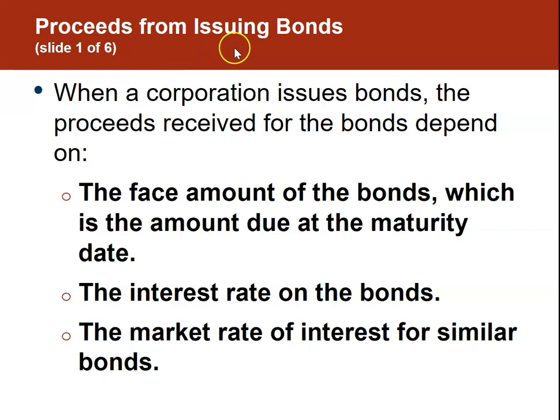proceeds from issuing bonds. It says when a corporation issues bonds, the proceeds received for the bonds depend upon the face amount of the bonds. Okay. If it's a $1,000 bond, you're going to get somewhere around $1,000. Now I say around, but we'll get to that in a moment. And here we are, the interest rate on the bonds and the market rate of interest for similar bonds. This is a complicated little concept here. You would think that if we had a bond that was $1,000 and we sold it, that we would get $1,000.